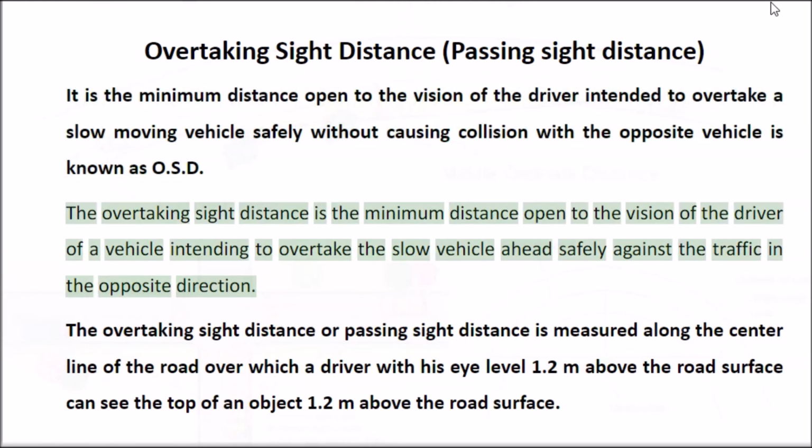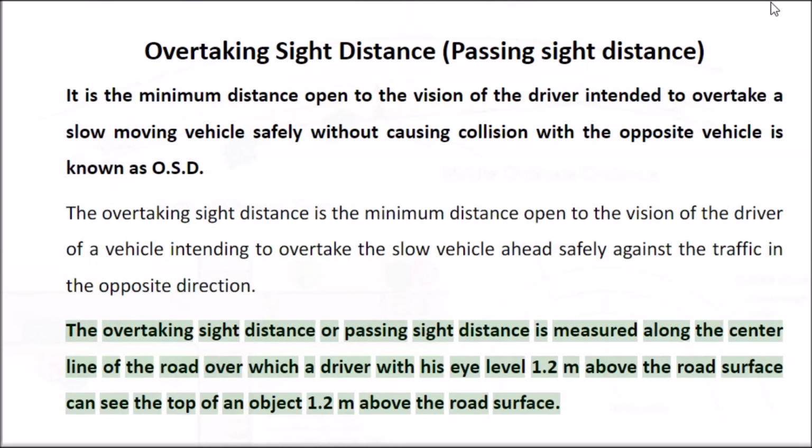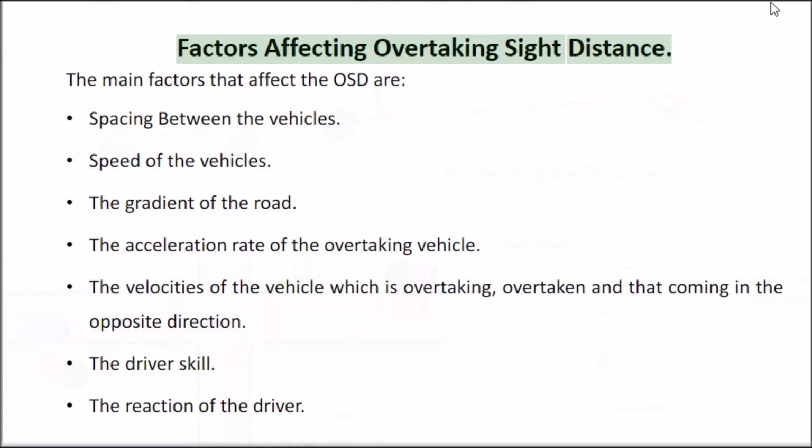The overtaking sight distance is measured along the center line of the road over which a driver with his eye level 1.2 m above the road surface can see the top of an object 1.2 m above the road surface.